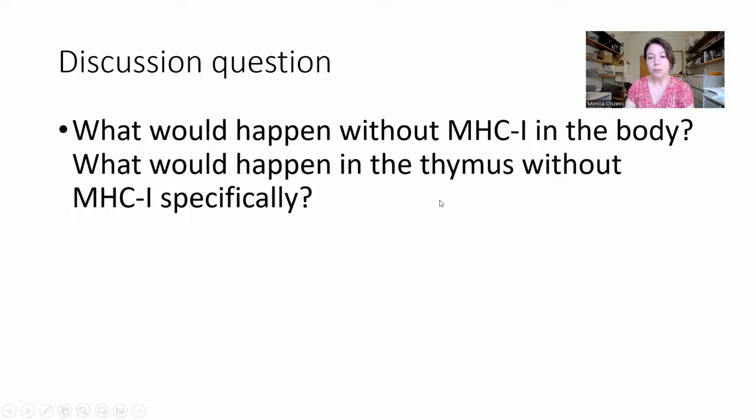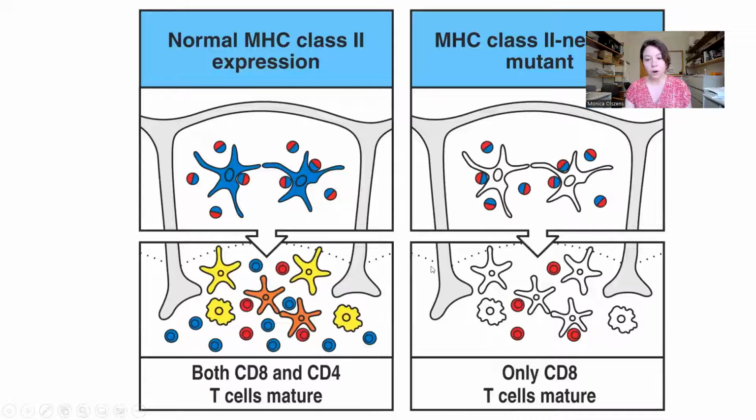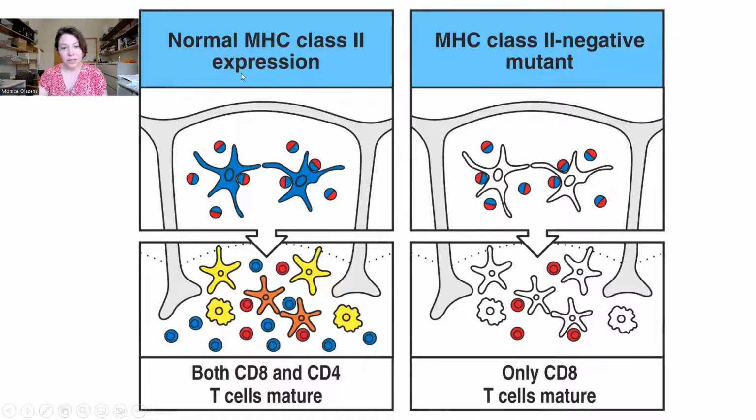Without MHC class 1 in the body, let's pretend you still do have CD8 T cells. The CD8 T cells would have nothing to interact with, so they would be kind of useless. All right, so let's take a look. If there's normal MHC class 2 expression, you can get both CD8 and CD4 T cells.